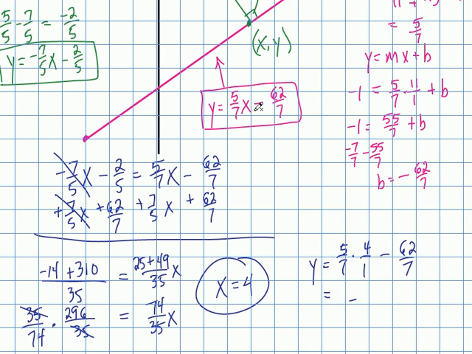Did I do that right? 62, that's 42, negative 42. Yeah, that's right. Negative 42 over 7, which is negative 6.